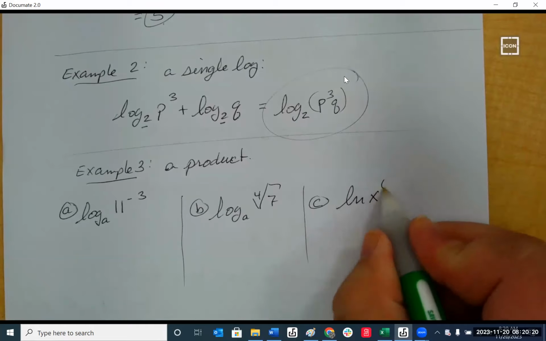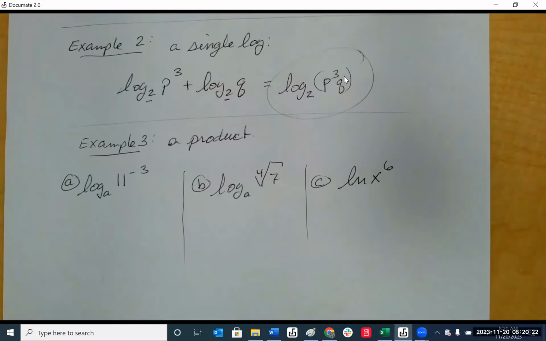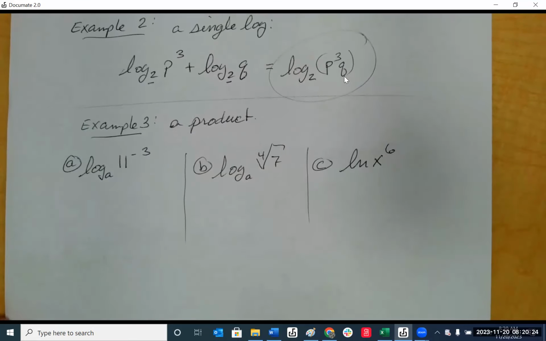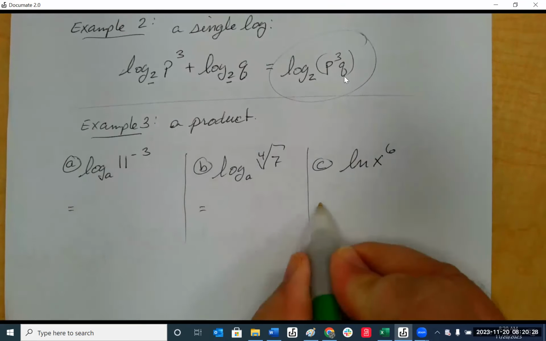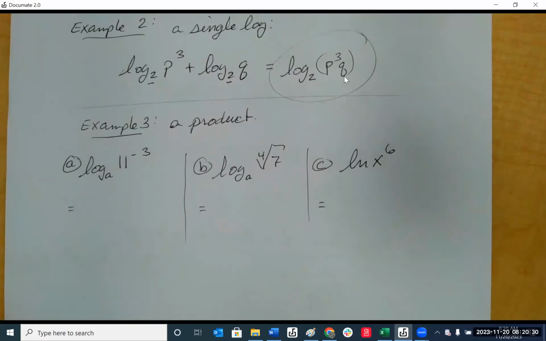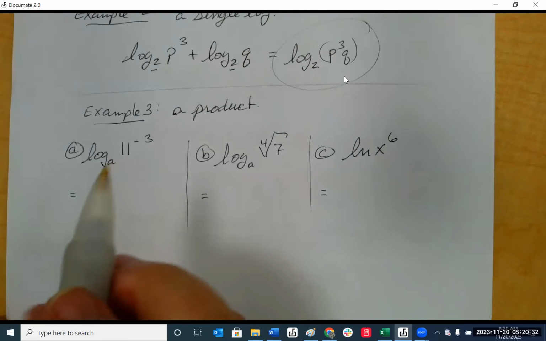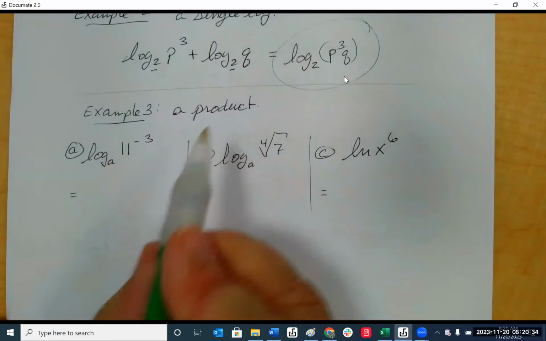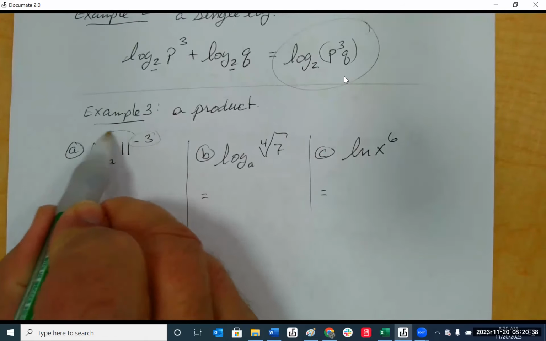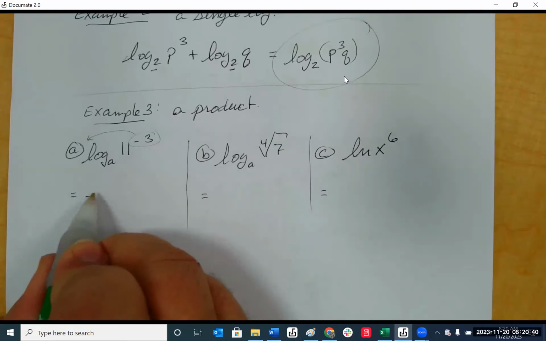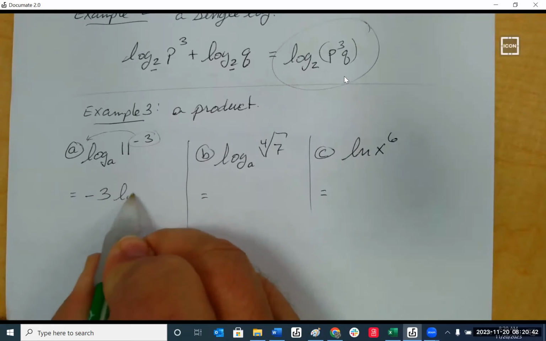And ln x to the 6th. So expressed as a product. Well, the only thing we can do here, you can't have exponents, so the exponent goes out in front.